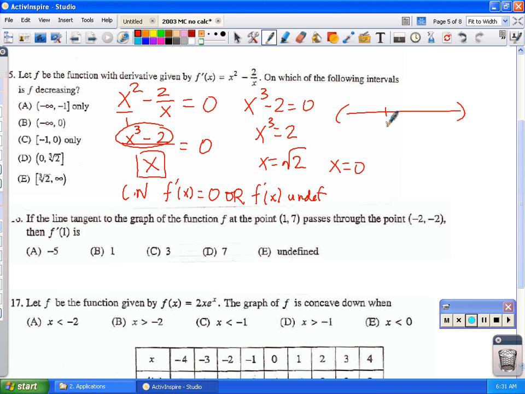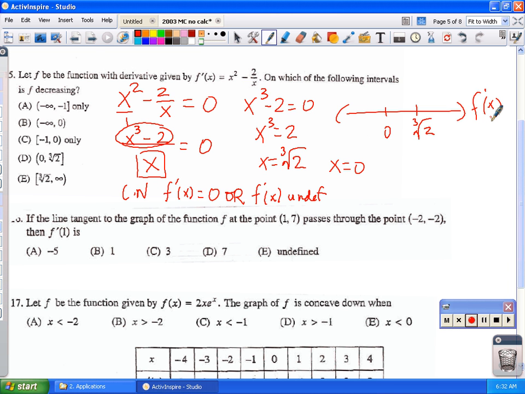So I have 0 and I have the cube root of 2. Now the cube root of 2 is 1 point something, so when I test a number, I'm going to choose the number 1. This is a first derivative number line, and so I'm plugging into the first derivative.